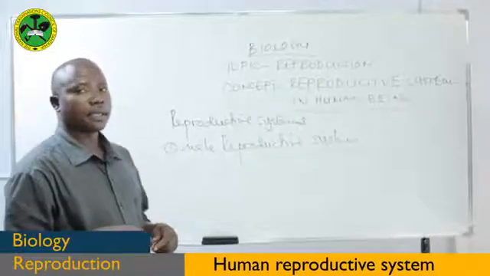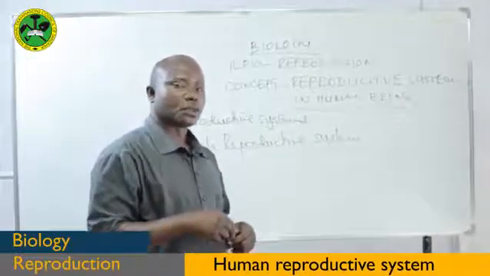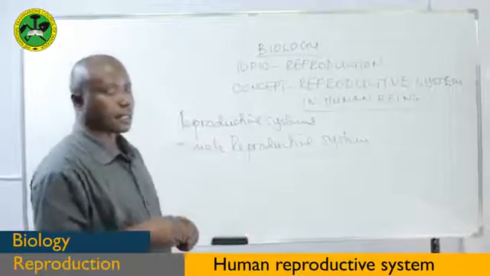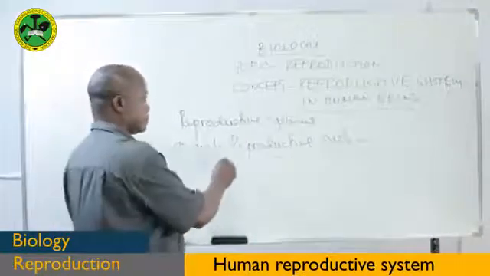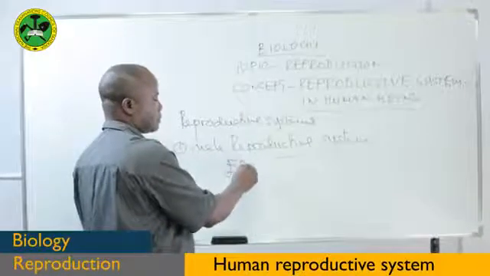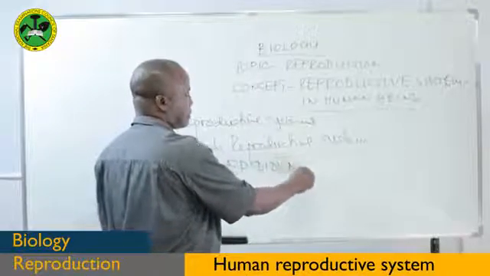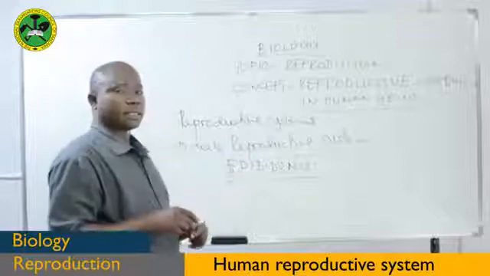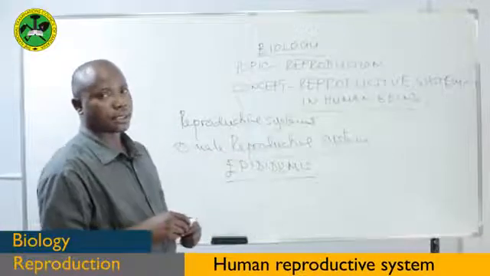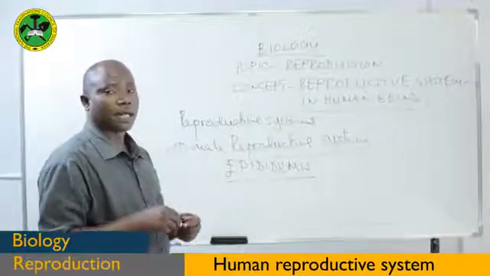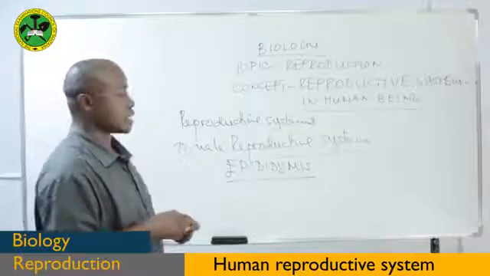Also, the male reproductive system consists of the epididymis. The epididymis is made of coiled ducts where the sperms are temporarily stored for maturation.